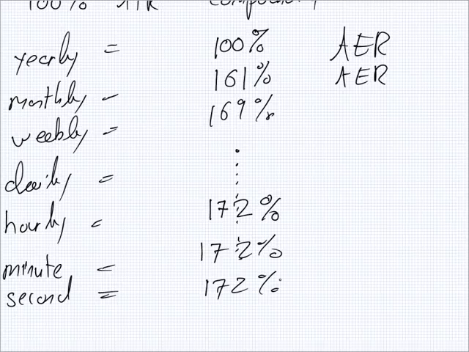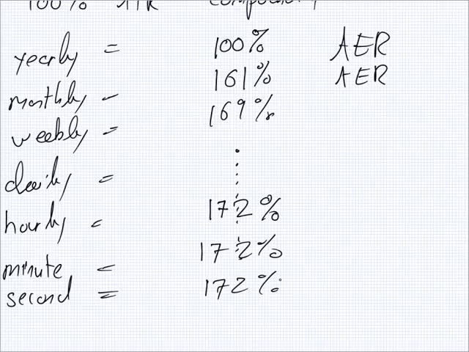The difference between monthly and weekly is a little more. But as you move further down, you'd think the difference continues to increase, but in fact it doesn't. The difference between hourly and secondly, or minutely, or even daily, it's not changing much. So my point is, even though you can keep increasing the frequency, there's actually a limit here.